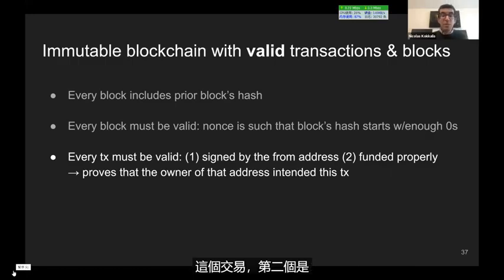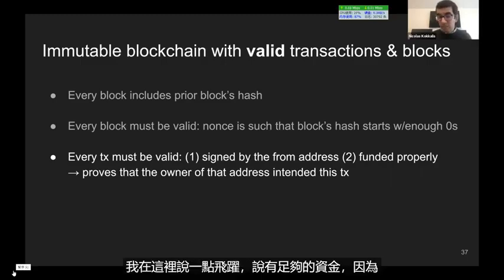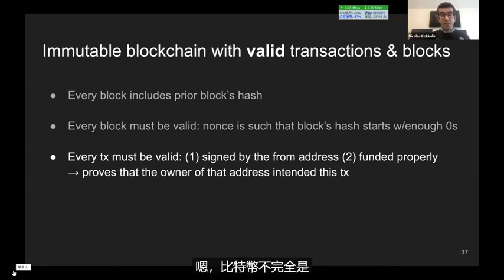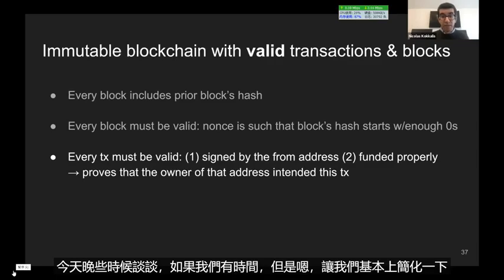And the second one is that the owner who was making the transaction actually had enough funds to make this transaction. And I'm making a little bit of a leap here, saying having enough funds, because Bitcoin is not exactly following the same paradigm as accounts. It's something that is called unspent transaction outputs, which we can talk about later today if we have time.